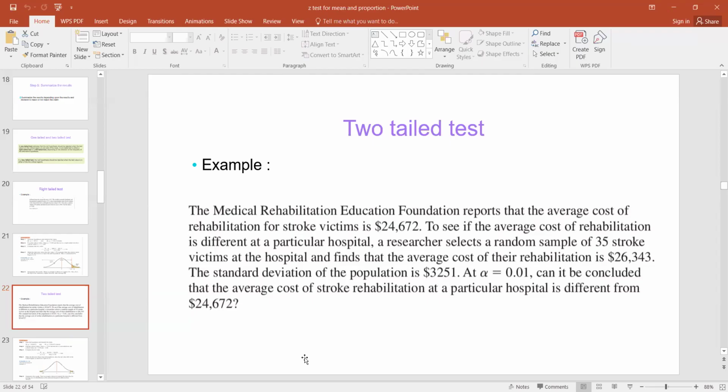The standard deviation of the population is $3,251, at alpha equal to 0.01. Can it be concluded that the average cost of stroke rehabilitation at the particular hospital is different from $24,672?